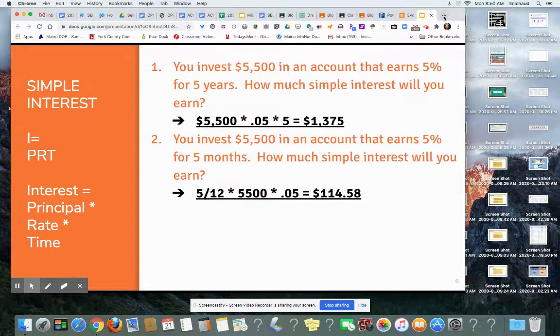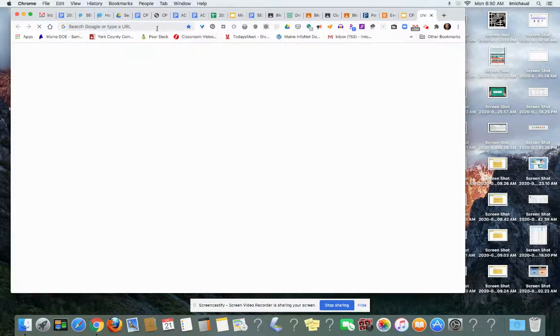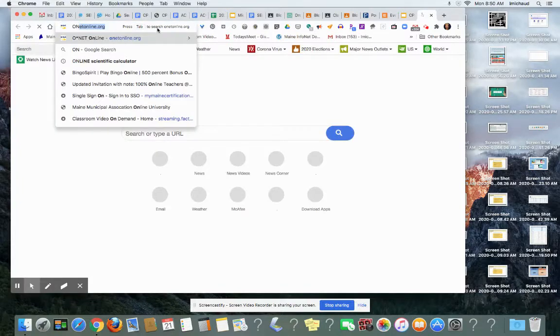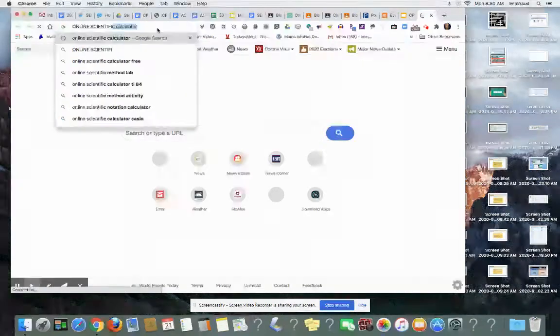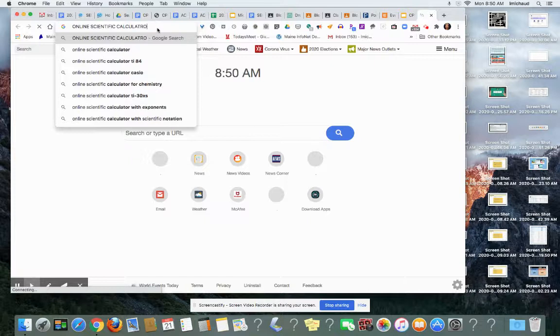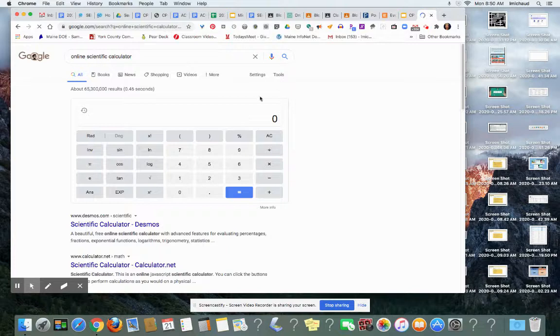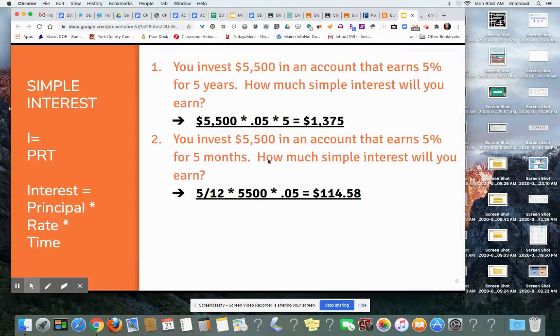So let's do that on a scientific calculator here, or any calculator. So in this instance, we're going to do 5 divided by 12. Leave the number in the calculator, then multiply by 5,500 and then 5%.